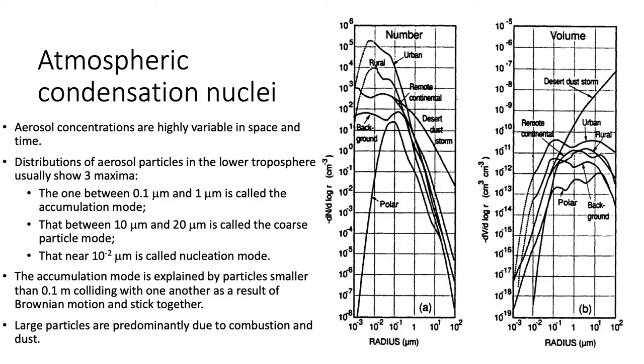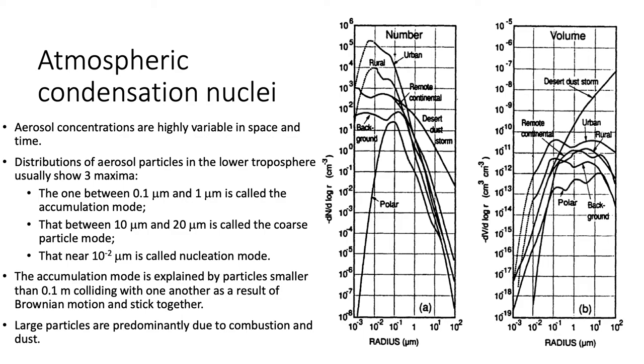In a rural area, this is a very difficult word for me to say. In a rural area, you tend to have relatively small particles. So there's a mode here. There's another small relative maximum here, and then it kind of drops down.